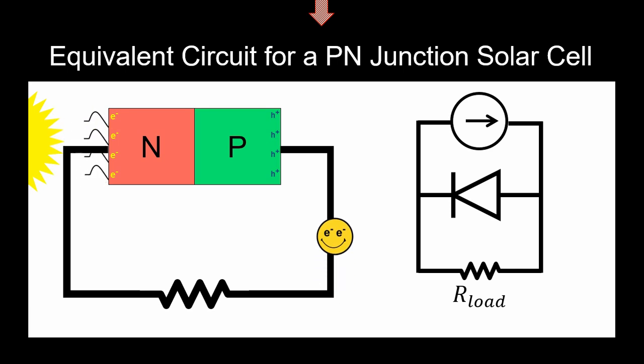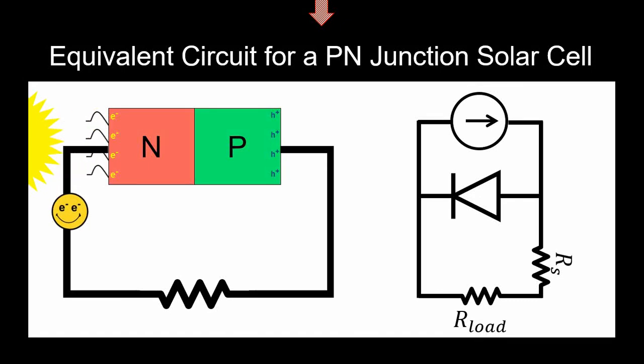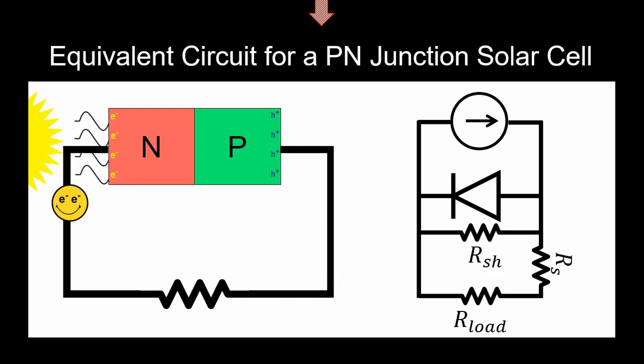However, there is a problem. That PN junction diode has parasitic resistances that we discussed in our earlier video. If you have a parasitic resistance in a PN junction, say series resistance, then it should be there in your equivalent circuit. In addition to that, we also know a PN junction diode may have shunt resistance.